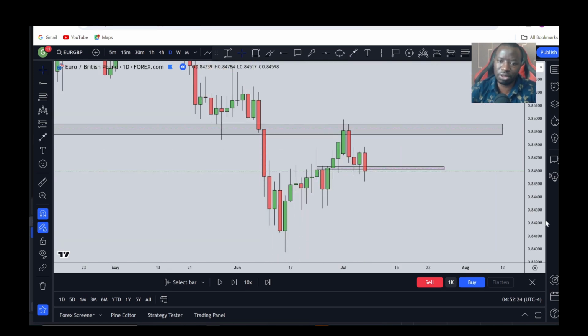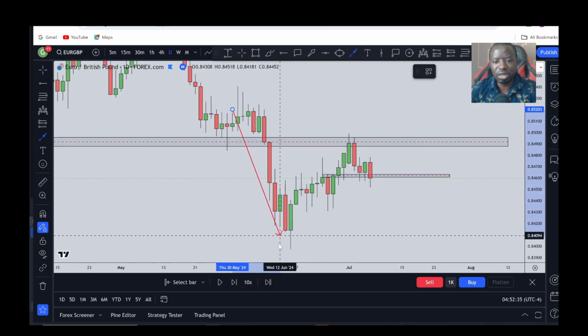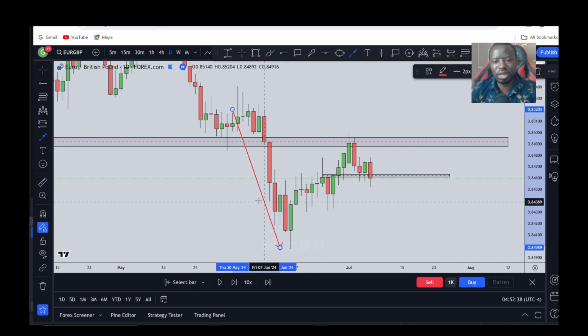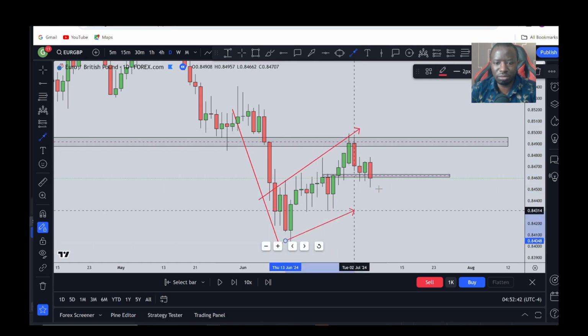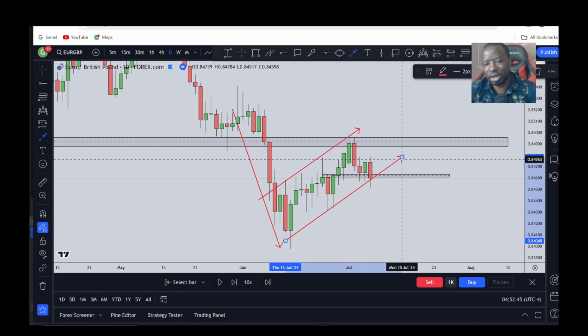Also notice something here. Price, after moving impulsively to the downside, started moving in a corrective phase right here, leaving behind what appears like a bearish flag pattern.